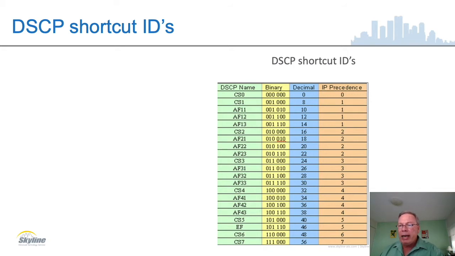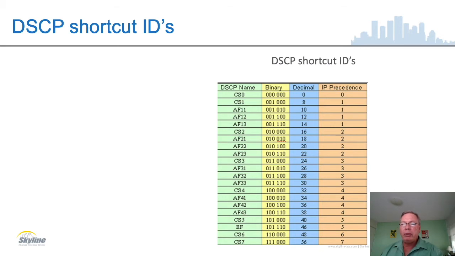So if I said recognize data based on IP precedence 5, all the data that looked like 101 anything, anything, anything would be recognized by that. It would take away my granularity. I wanted to recognize the difference between 101001, 101010, 101011, 101100. I wanted to recognize all 8 of the in-between values between CS5 and CS6.